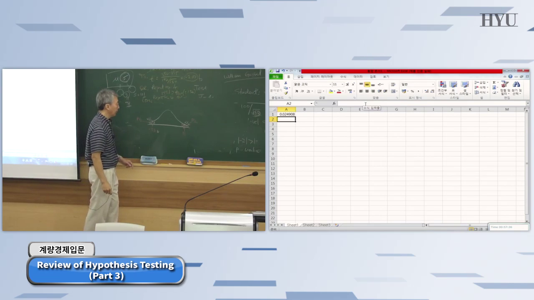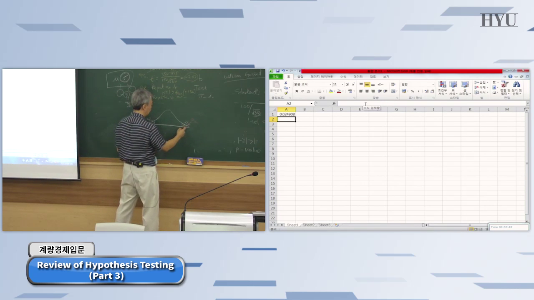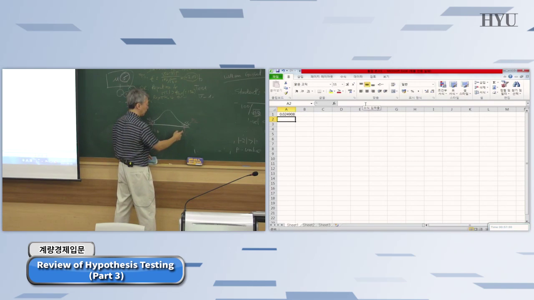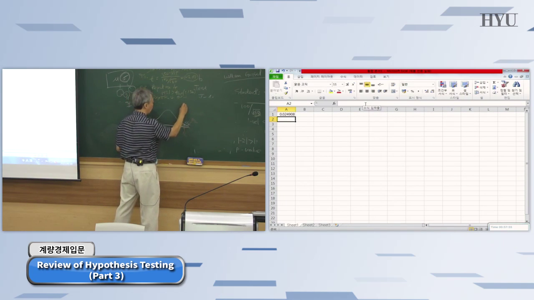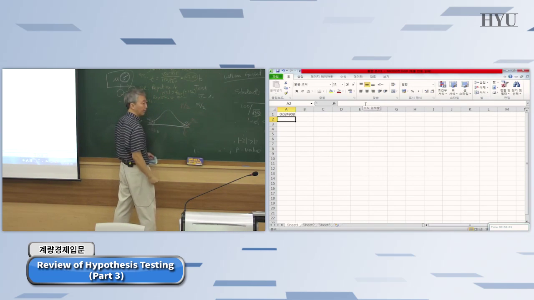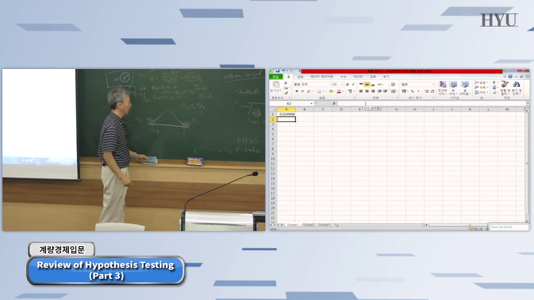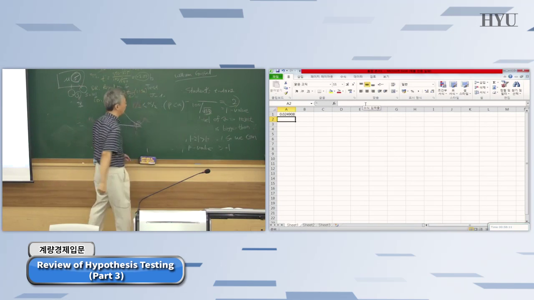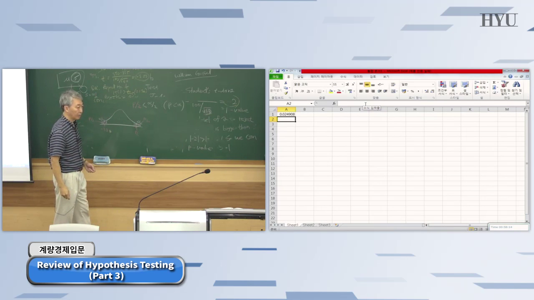So you're comparing half of p to half of alpha, right? In order to decide whether you should reject the null hypothesis or not, or in the other way, to find out whether the test statistic exceeds the critical value or not, you're comparing half of p to half of alpha. And if this is less than that, then you're going to reject the null hypothesis, which means the same thing as if p is less than alpha, right? You're going to be rejecting the null hypothesis.